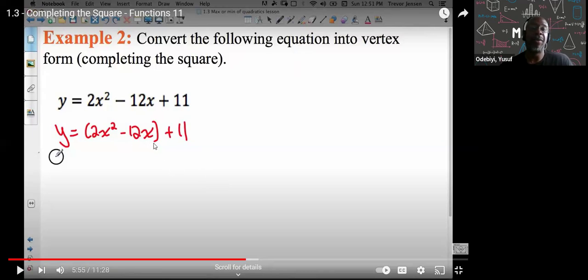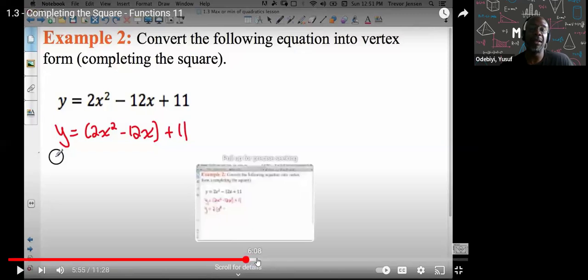Then the next thing you have to do is factor out, because in front of the x squared there can't be a number inside the bracket. So I see a 2, I have to factor out the 2 from both of these terms. So 2 goes on the outside. I'm left with x squared, and then I divide this by 2, so this becomes negative 6x.